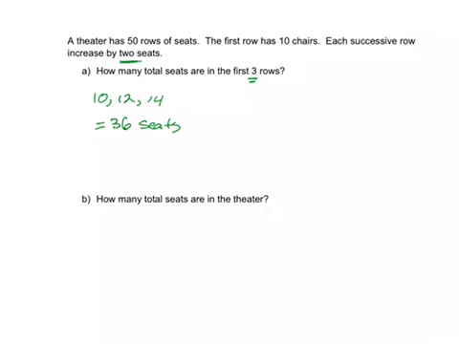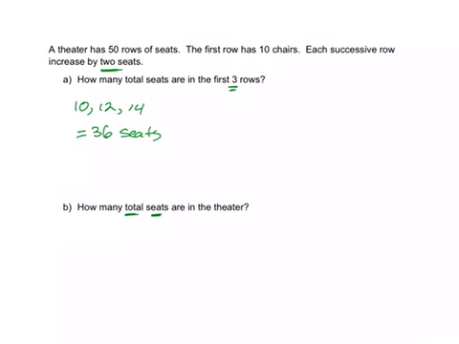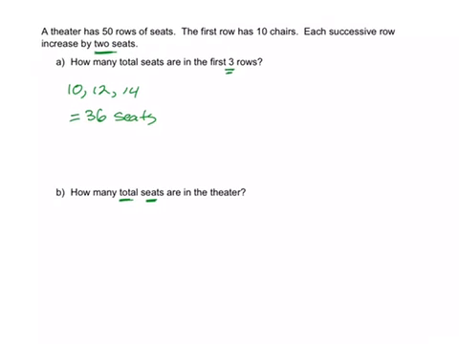Now, on the next one, I want to find the total seats in the theater, right? So first of all, I need to find how many chairs there are on my last row, right here on the 50th row. So for that, I need to use the arithmetic sequence formula, right? So a sub 1 plus n minus 1 times d. So n again is the position of the term, right?